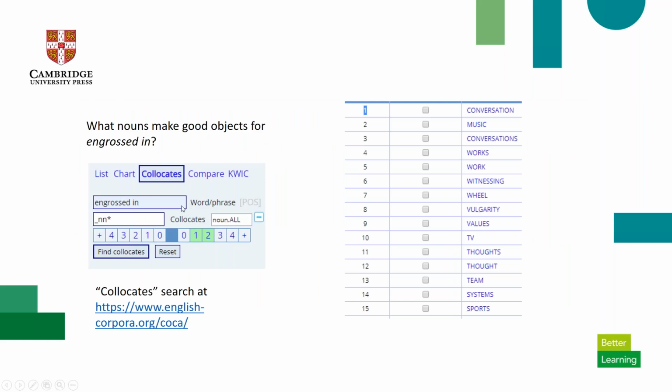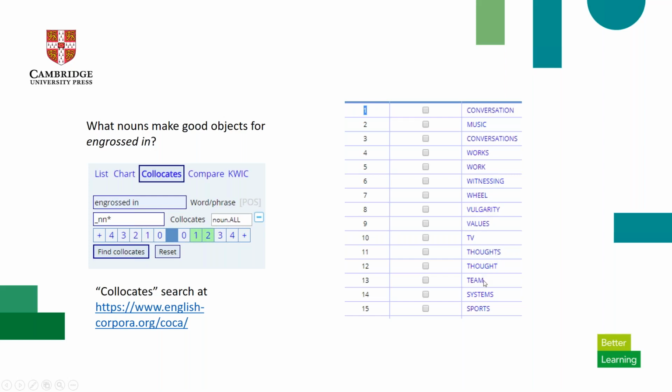And I would enter it into this collocate search box this way, and I would come up with the top 15 things like this. You can be engrossed in conversation, music, conversations, work, witness, and so on. Inductively, the student would say, wait a minute, I don't see any people in here.